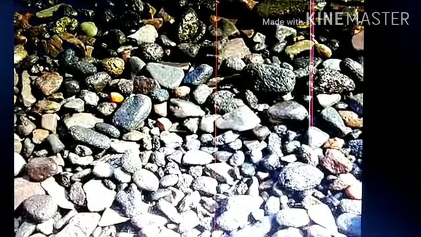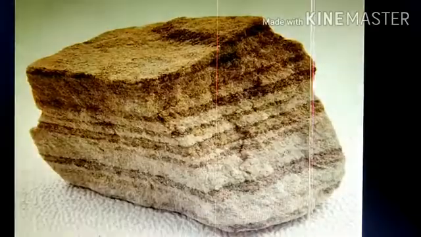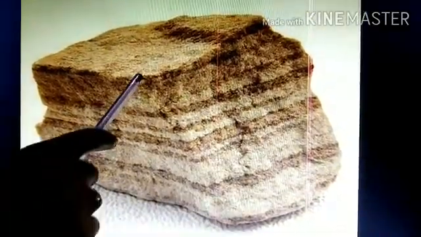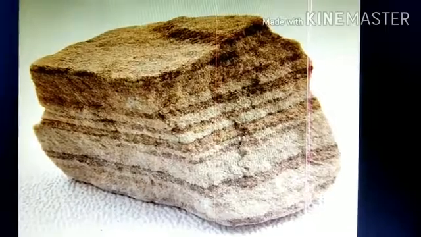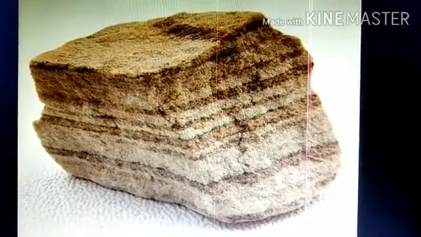These smaller particles are called sediments. These sediments are transported and deposited by wind, water, etc. These loose sediments are compressed and hardened to form the layers of rocks. These types of rocks are called sedimentary rocks.